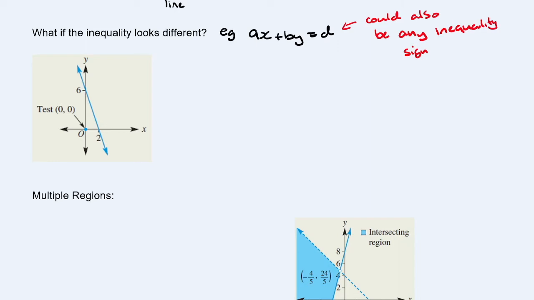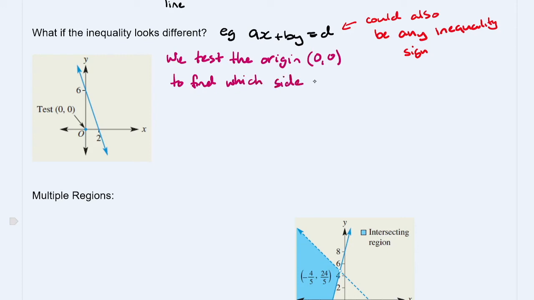We can test the origin, or 0, 0, to find out which side of the line it sits. It's pretty easy to see in this example, because I have the drawing there, that it would be on the underside.